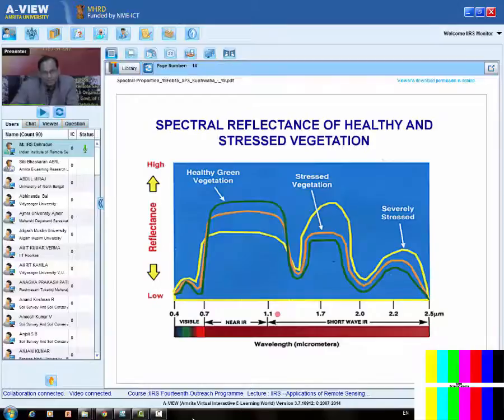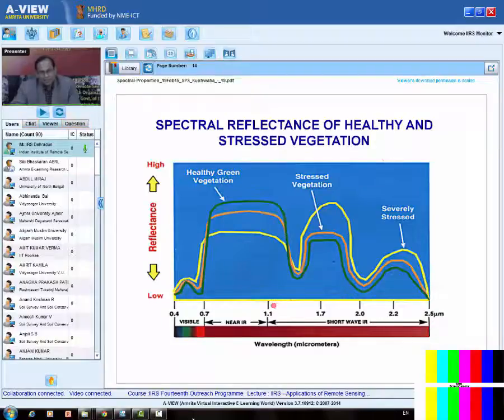Here you can see a spectral reflectance of healthy and stressed vegetation. Stress could be because of less availability of water, less availability of nutrients, higher temperatures. Even humans can add to vegetation stress, and this will modulate the quantum of the chlorophyll.